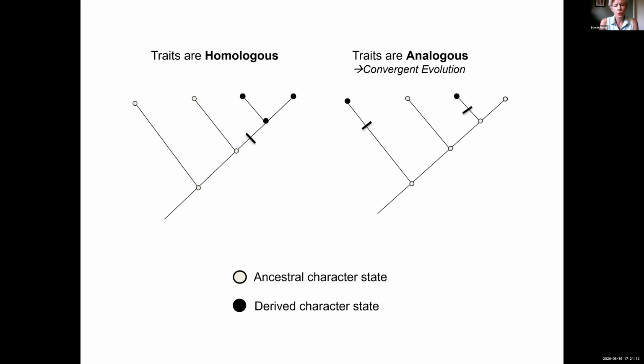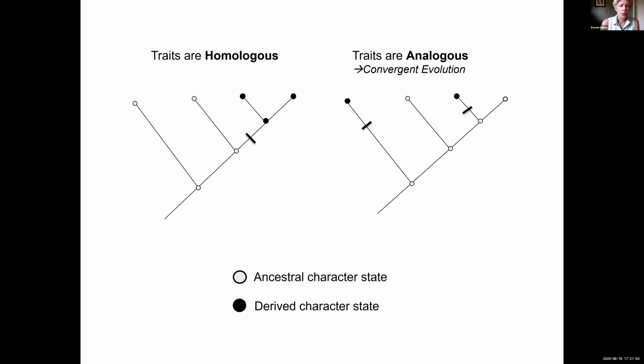When we look at these two different tree diagrams, the one on the left shows that we have two taxa and they both have a derived characteristic, but their most recent ancestor also had it. So that evolutionary change occurred for this monophyletic grouping before they diverged into different species. And we're going to call that a homologous characteristic. So these two species have this characteristic because they had a shared ancestor that already had it.